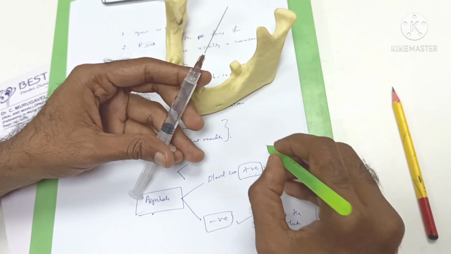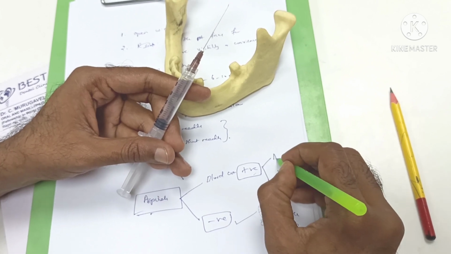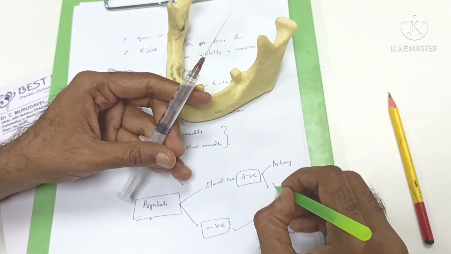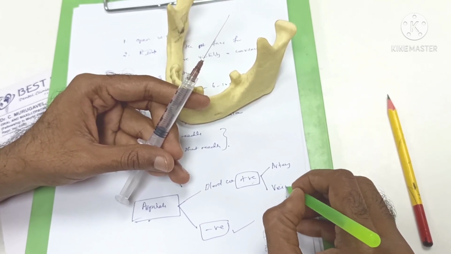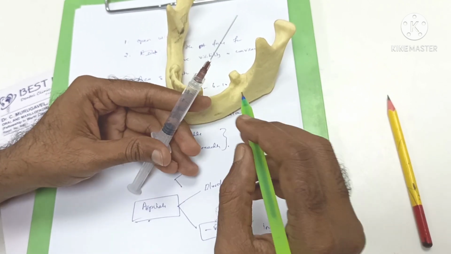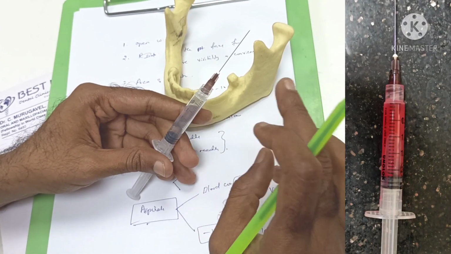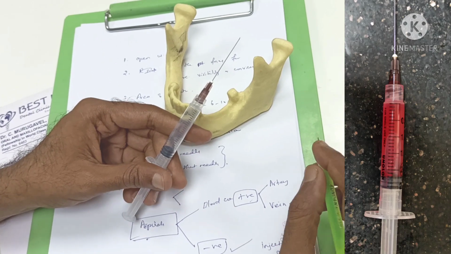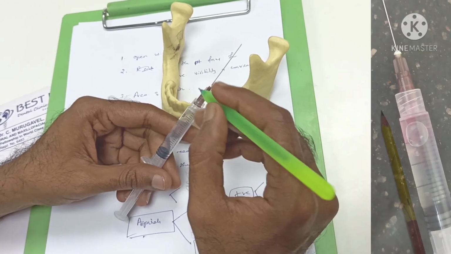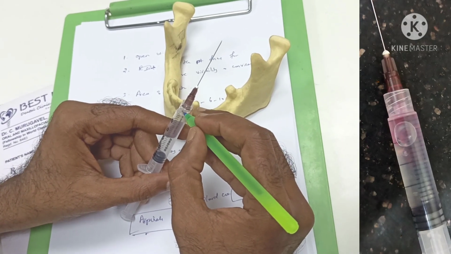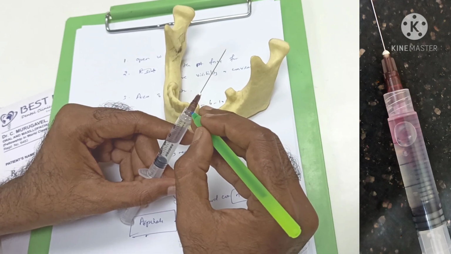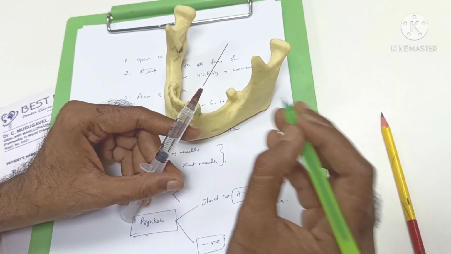If positive aspiration comes, then you should know whether it is from an artery or from a vein. If it is from the artery, the entire solution will become bright red immediately. If it is from the vein, blood will come only till here, and you may barely notice it.